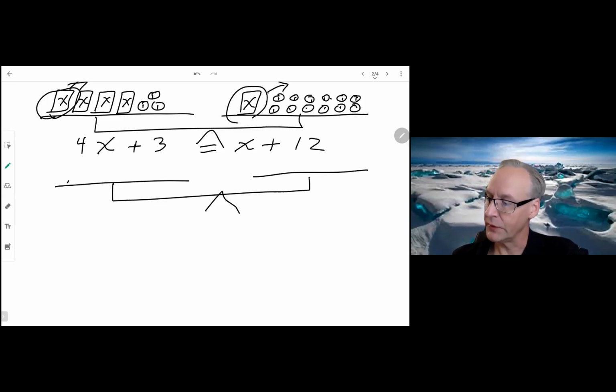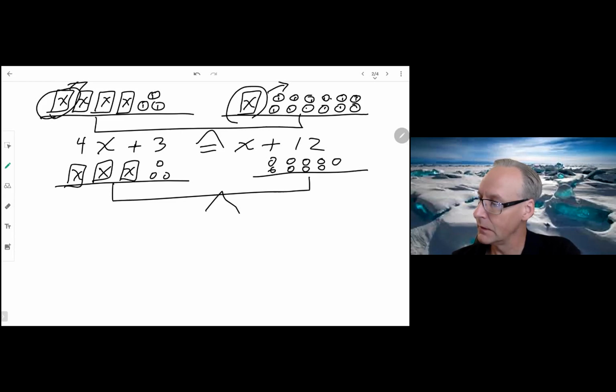And what we ended up with were 1, 2, these are supposed to be the same size. 1, 2, 3, and we've got 12 weights on this side. There we go. I took this x off and took one of these x's off, and I now have 3x plus 3 is balanced with 12.